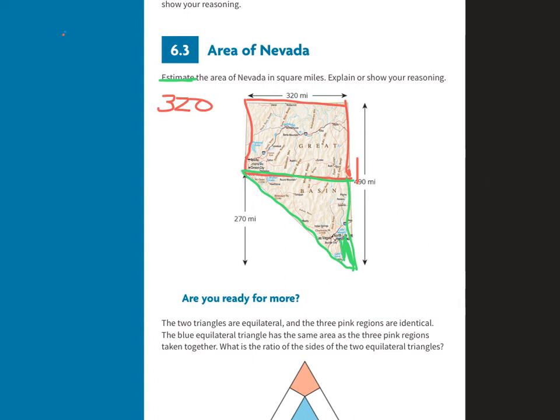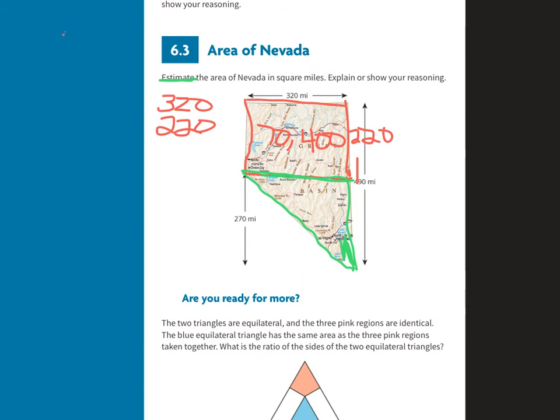I get 220. So the top part here is 220. So I'm going to go 320 times 220. So 320 times 220 gives me 70,400. Okay.